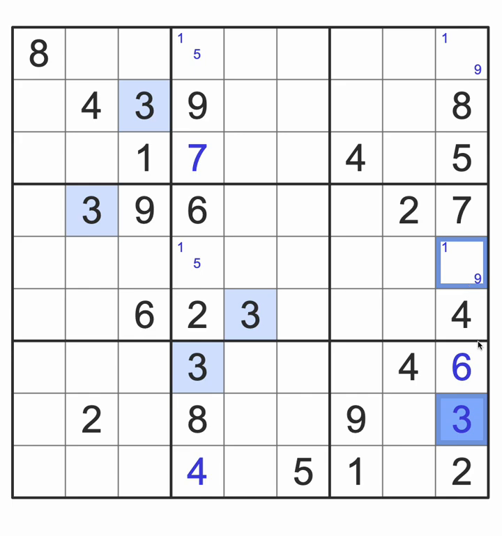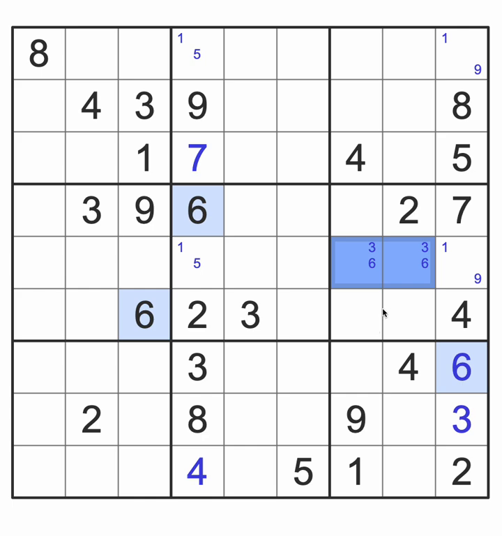And now 3 and 6 are placed. This cell cannot be 3 or 6. And here's 3 and 6 on column 4 and row 4 and row 6. That means in box 6, this cannot be 3 or 6 because of these 3 6, and these 3 6 block these cells. So 3 and 6 will have to use these 2 cells.